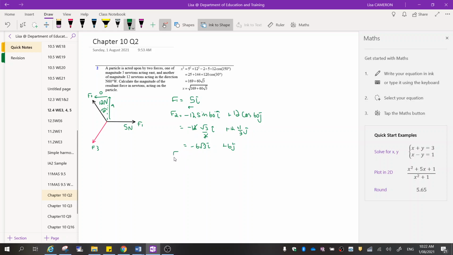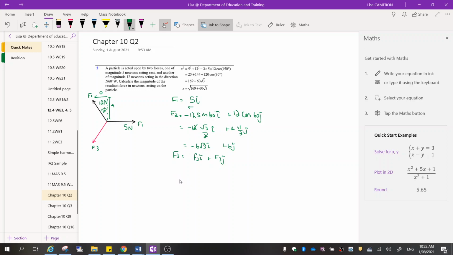Now we can find our third force, which is equal to some i component, we'll just call it F3i, plus F3j. When I'm looking at this picture, I can clearly see that it's going to be negative for the j component and positive for the i component, but it won't matter here, it'll work out in the end.